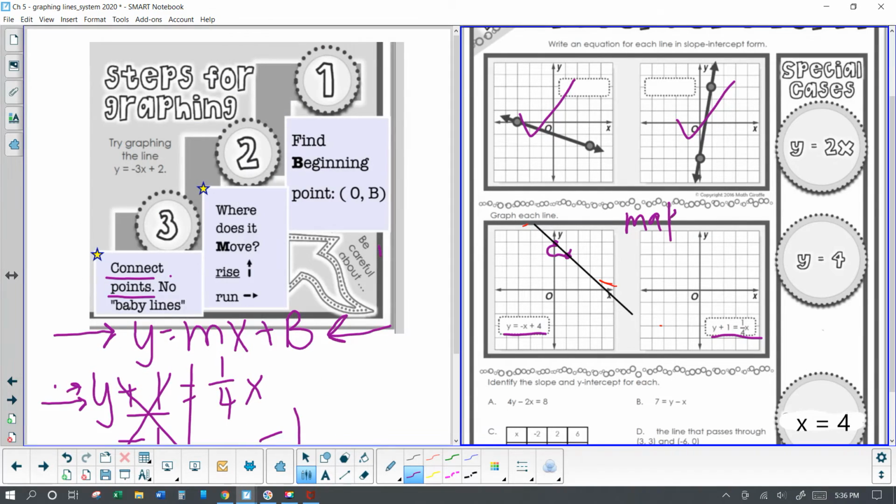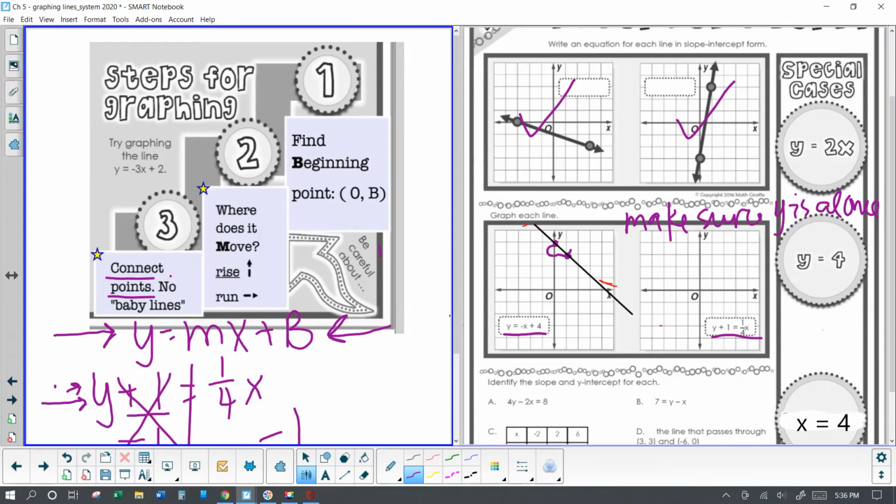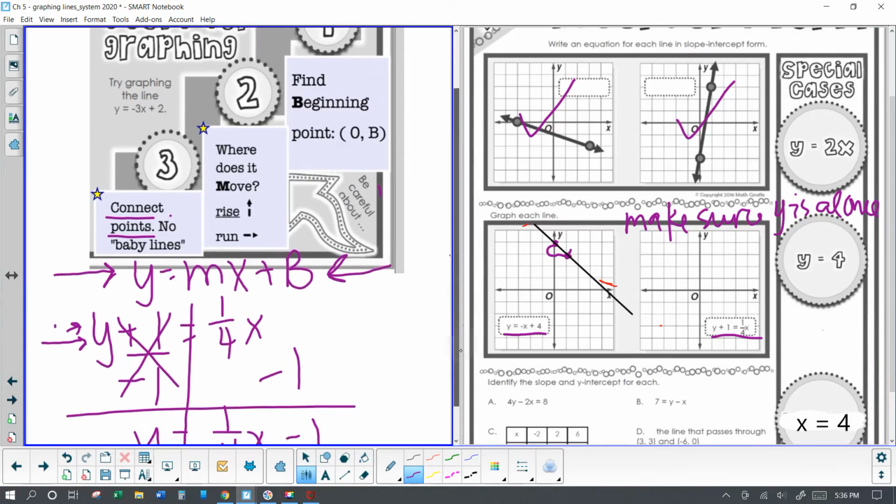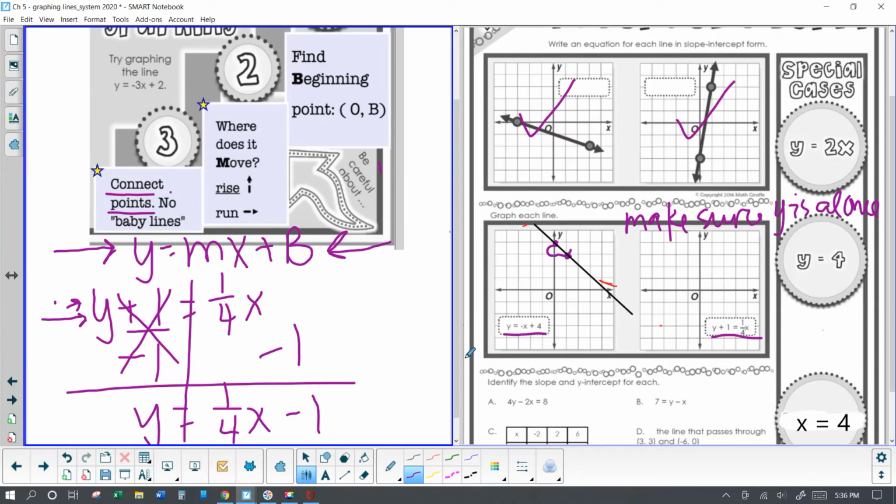Make sure y is alone. That's a very important step. Okay. Once I have my equation in slope-intercept form, then I just follow my steps for graphing right here, and I find my beginning point.